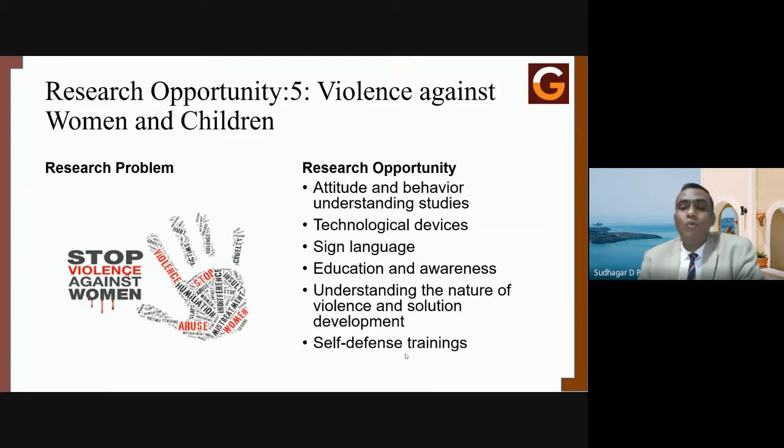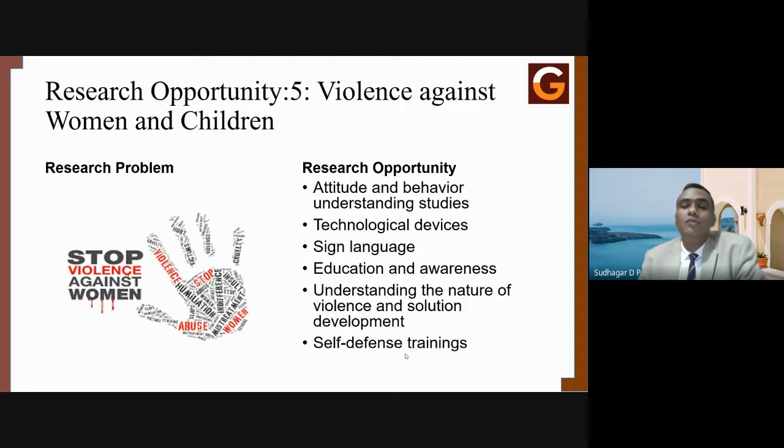Understanding the nature of violence and solution development. There are not many studies which are available in India. People are so selfish that they are just focusing on their own life. They feel that their life is completely at peace. So why should I bother about it? Unless we care for our fellow human beings, there is not going to be any kind of peace. There is not going to be any kind of overall sustainable development in our nation.